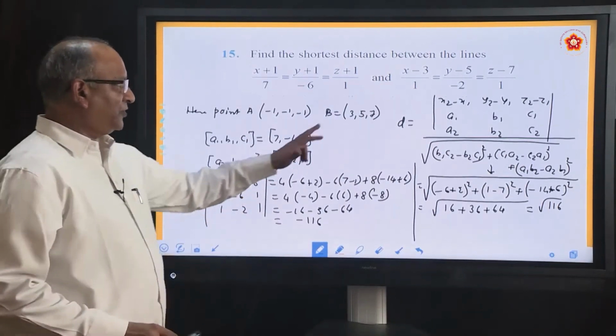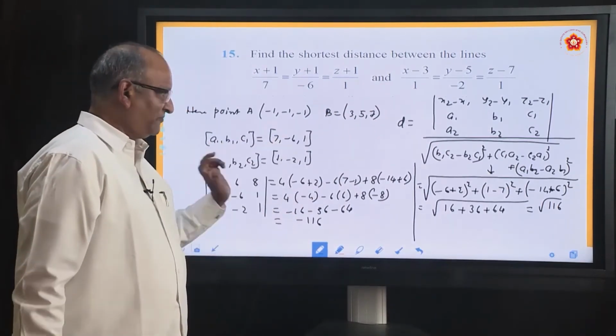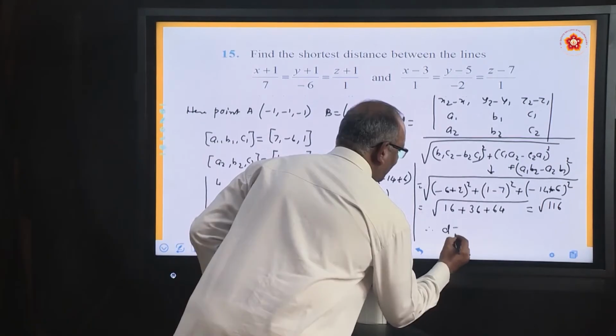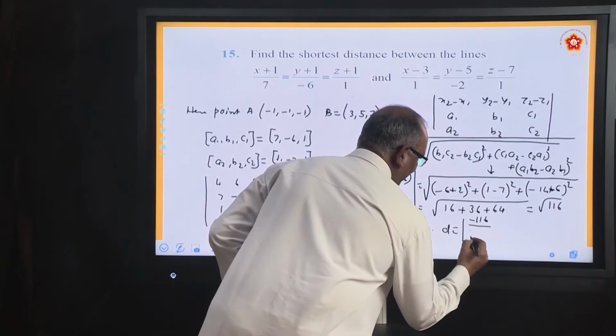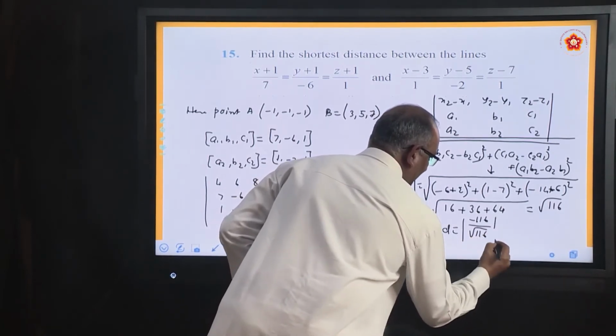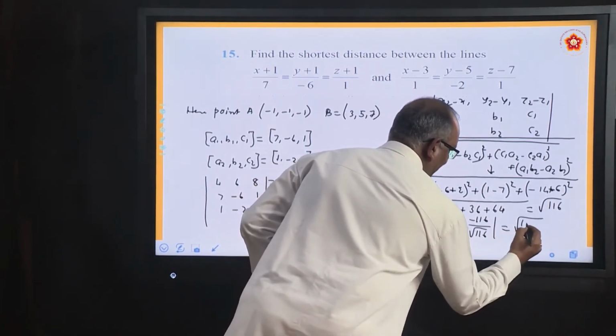The value of numerator is minus 116, the value of denominator is the square root of 116. So we can say D is equal to modulus of minus 116 by the square root of 116. So the answer is the square root of 116.